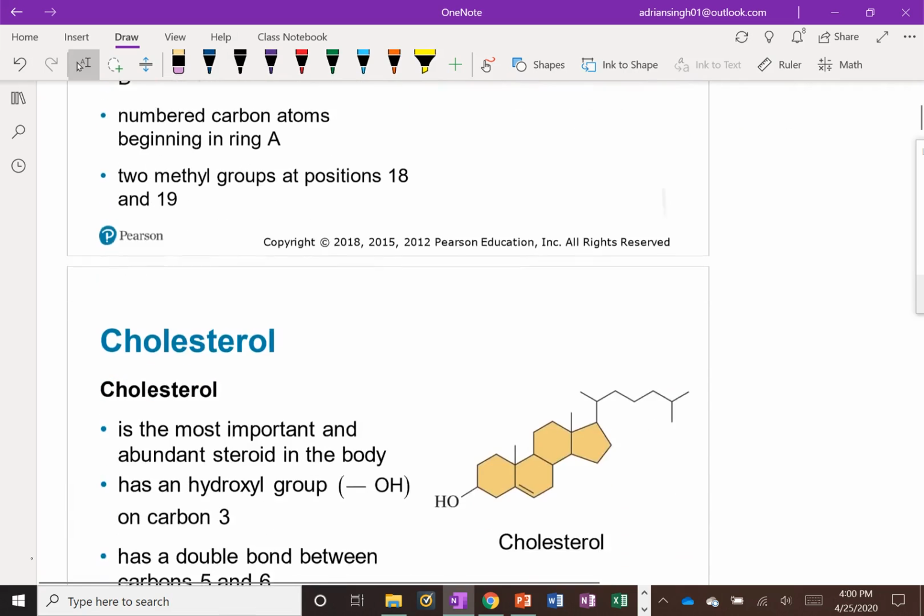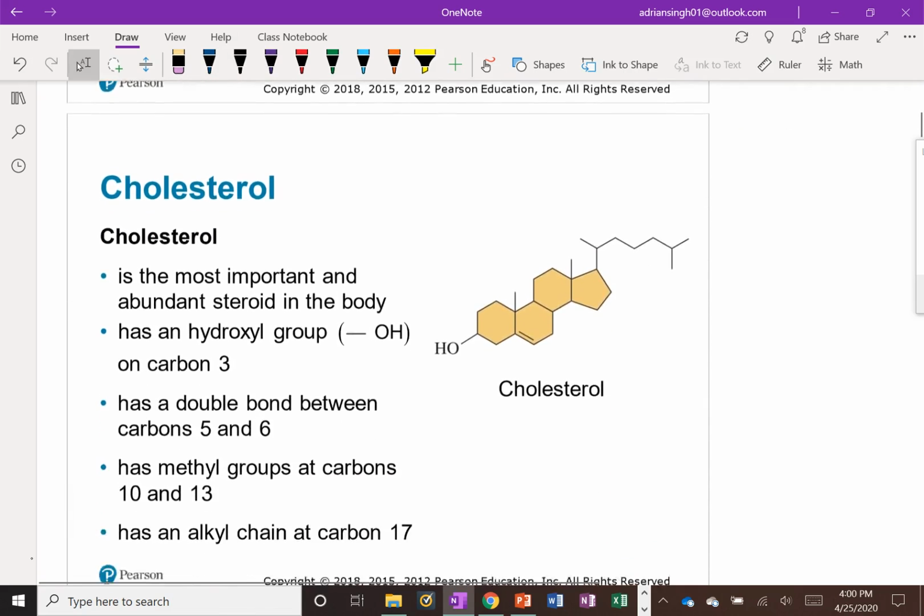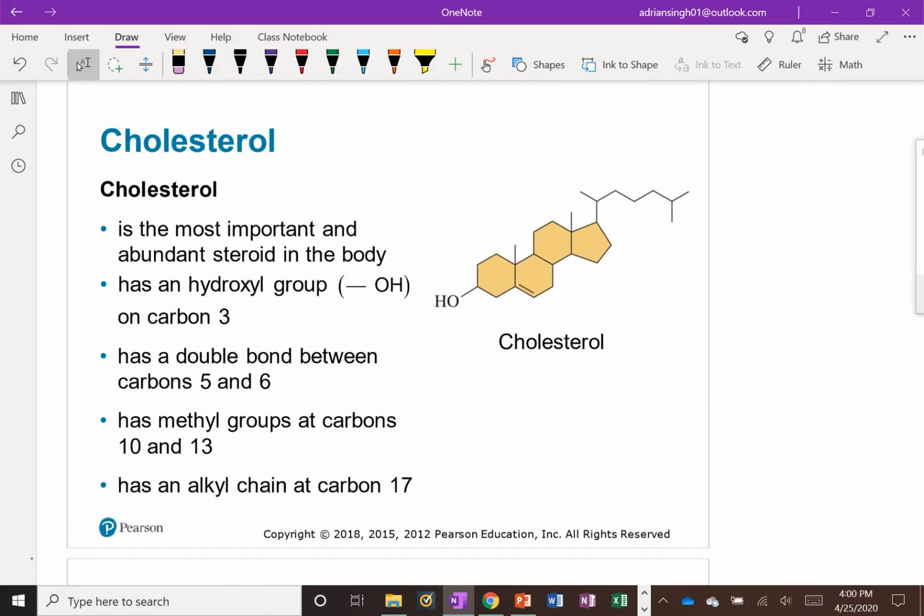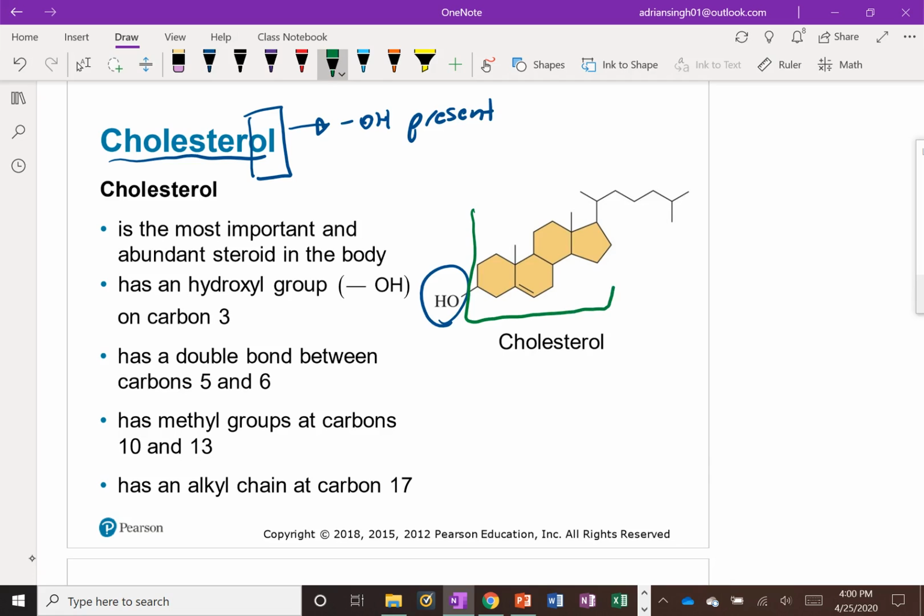All right, the most common, most important steroid in the body is a molecule known as cholesterol. The name here, the ending of it, kind of gives away what functional group is present. The OL tells you that an OH is present in the structure, and specifically there's the OH. You'll notice here that it's highlighted in yellow, and I'll put a box around it in green.